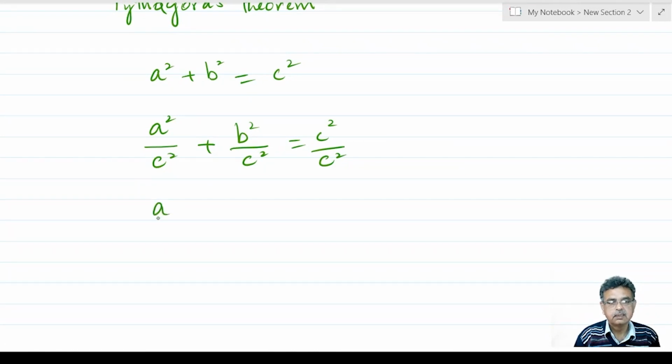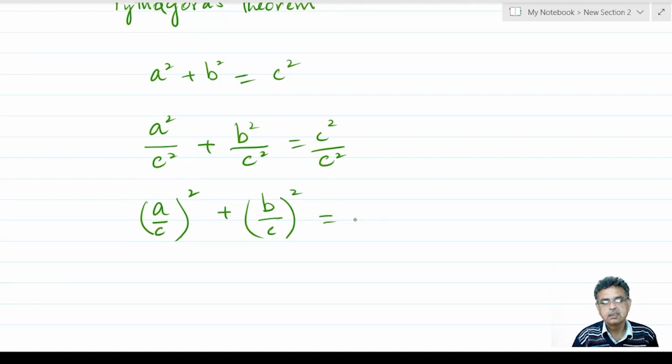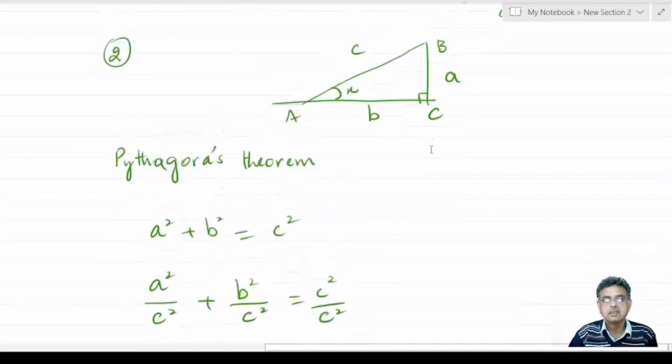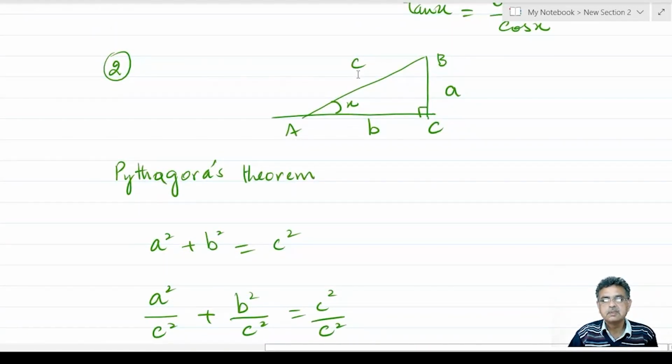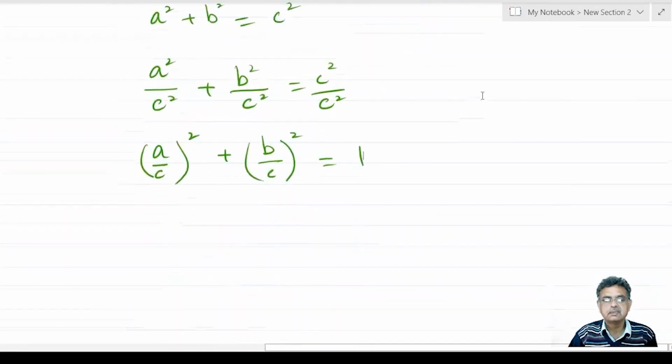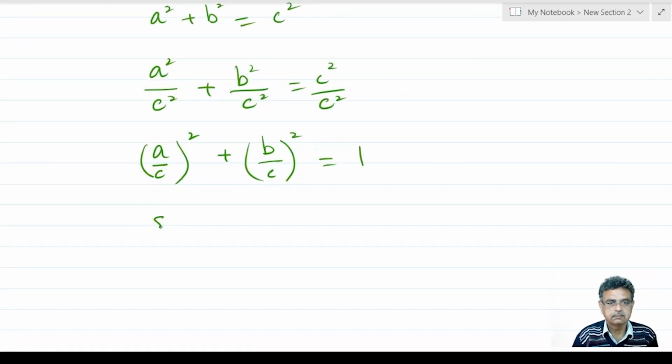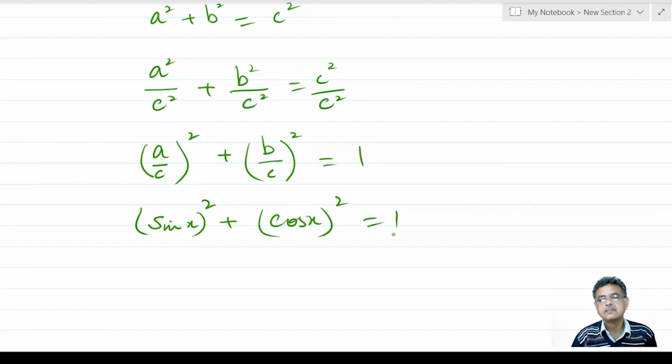Then this will be a upon c whole square plus b upon c whole square equal to, these are cancelled, that will be equal to 1. Now referring to this figure, a upon c is sin x, sin x whole square plus b upon c is cos x, and there is a square over here.